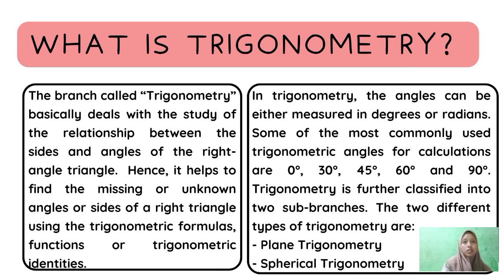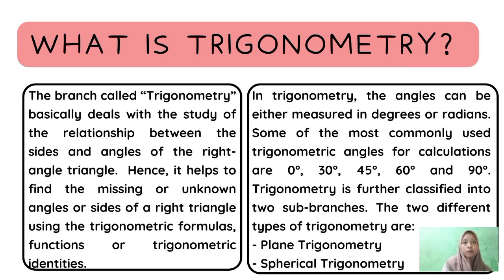In trigonometry, the angles can be measured in degrees or radians. Some of the most commonly used trigonometric angles for calculations are 0 degree, 30 degree, 45 degree, 60 degree, and 90 degree.